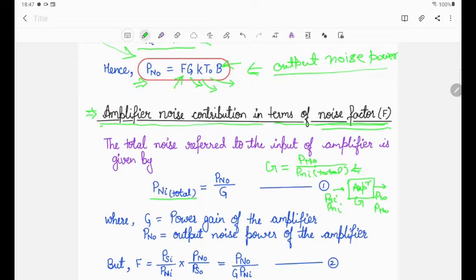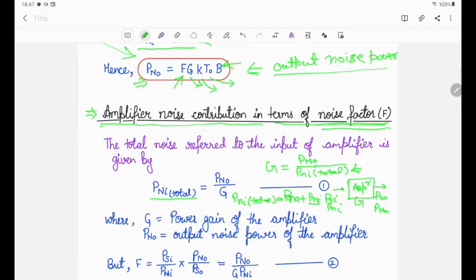PNI total is the total input noise power, that is equal to thermal noise power plus the noise contribution by this amplifier. So in general we can write PNI total is equal to amplifier noise plus PNI, the input noise power, which is the thermal noise power KT naught B.